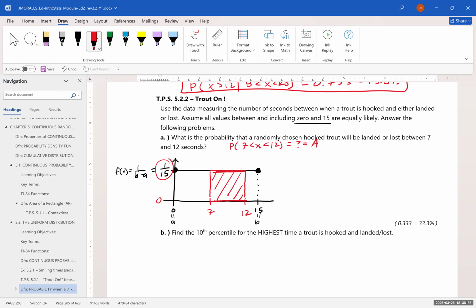So I need to calculate the area of the rectangle, which is going to be the width times the height. How wide is it?